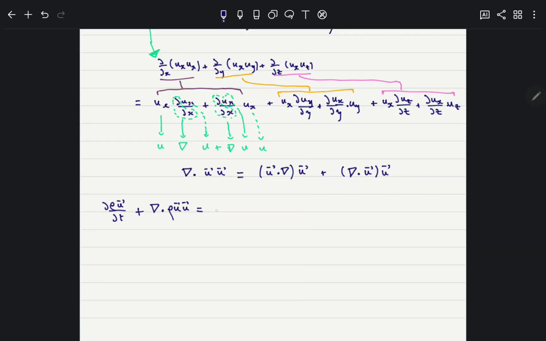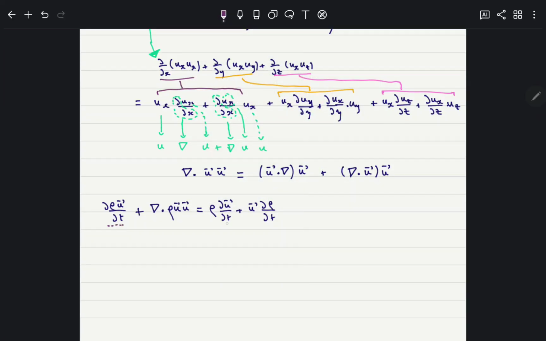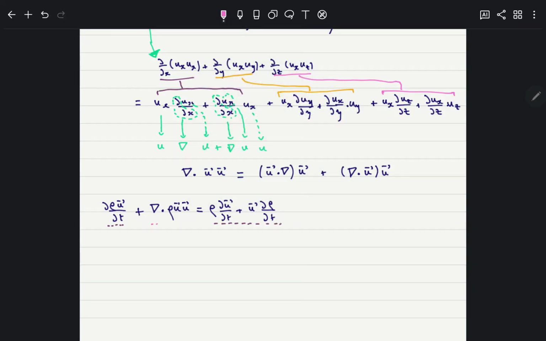So the first one, the transient term, will give us rho du over dt plus u d rho over dt. Okay, let's highlight here. And now what about our convective term?